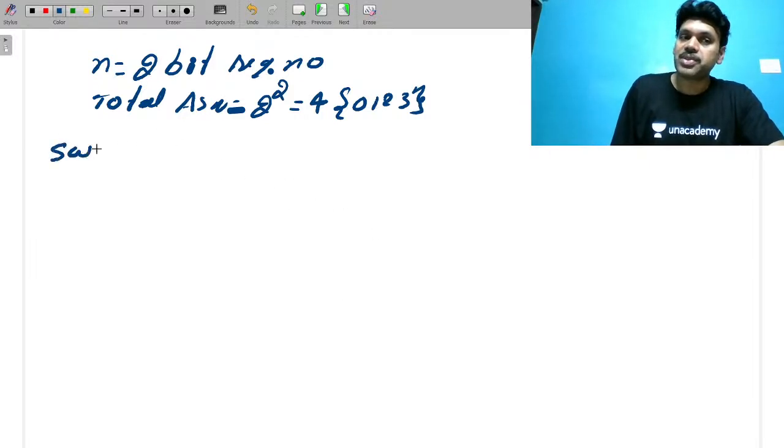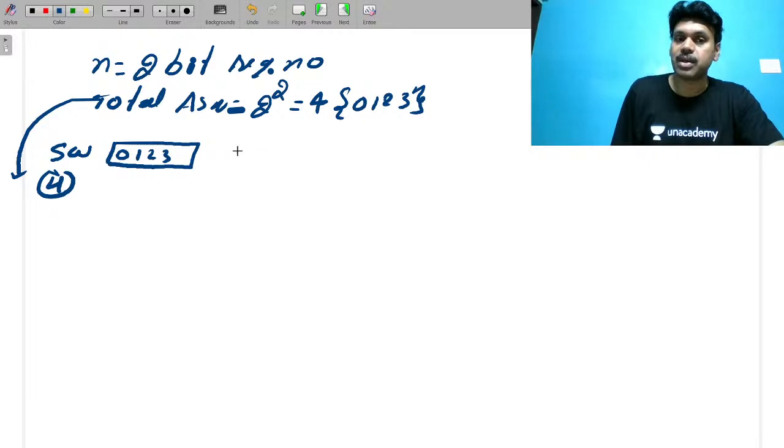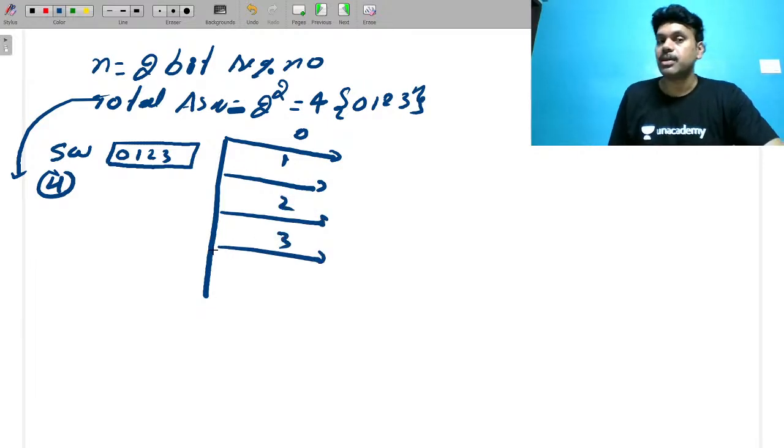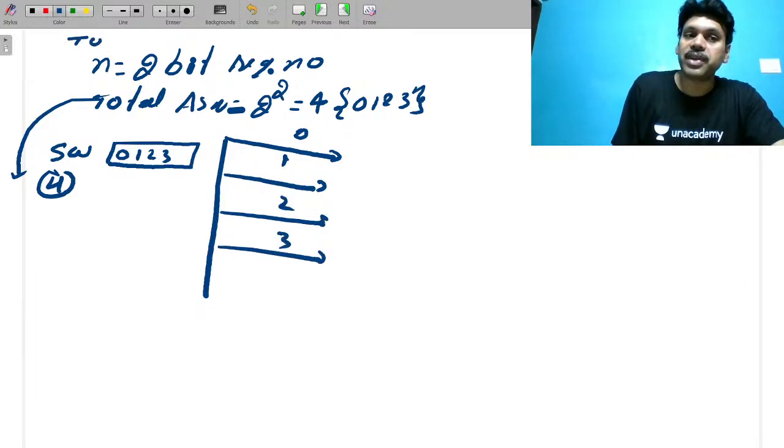Now sender window size, I am taking full 2 power n, 0, 1, 2, 3. I can transmit 4 frames because it is defined like this. Please observe this case. Frame 0, frame 1, frame 2, frame 3. His requirement is a total of 8 frames.